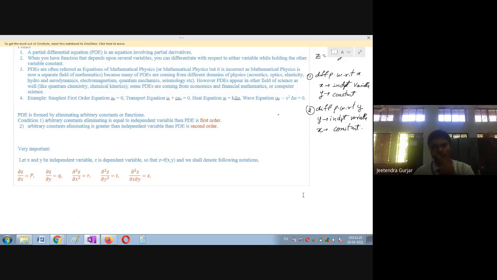Remember, we are going to take two independent variables x and y. z is the dependent variable, we have already seen, so z is equal to a function of x, y. If you take z is equal to f of x comma y, x and y are independent variables and z depends on x and y.